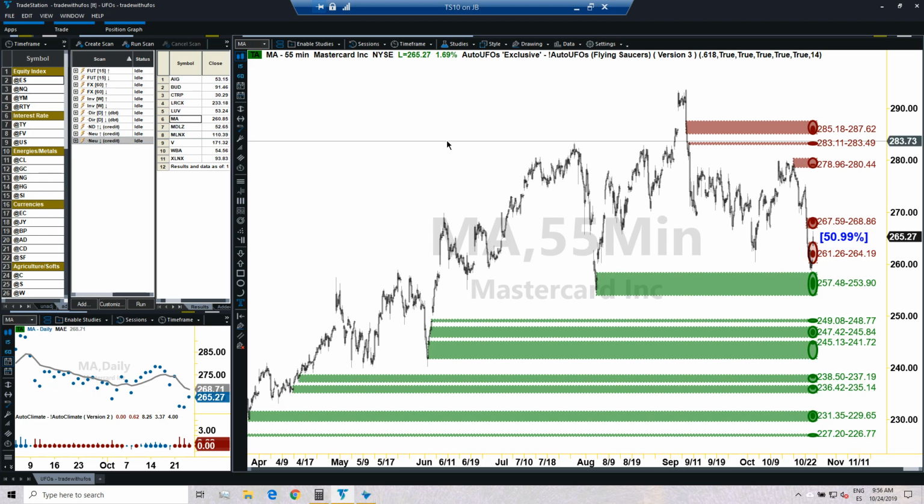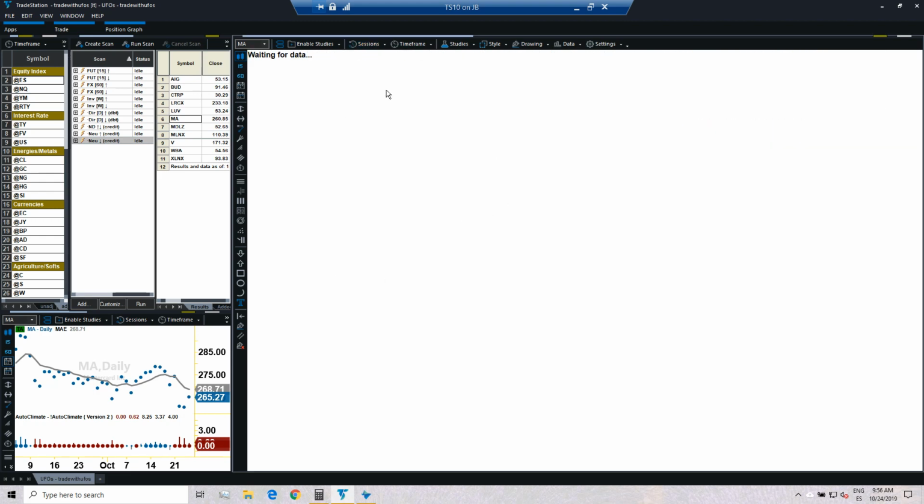So 50.99 if using regular session. When using pre and post market, the 50.99 becomes... 1, 2, 3. Come on. Okay, we need that market data.